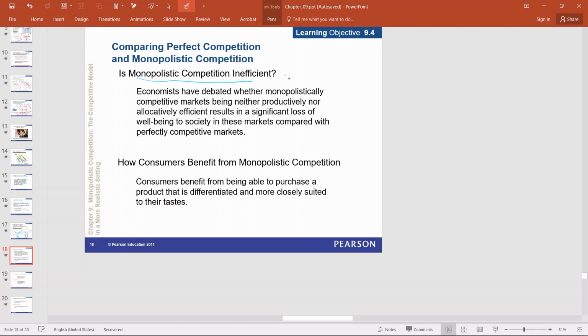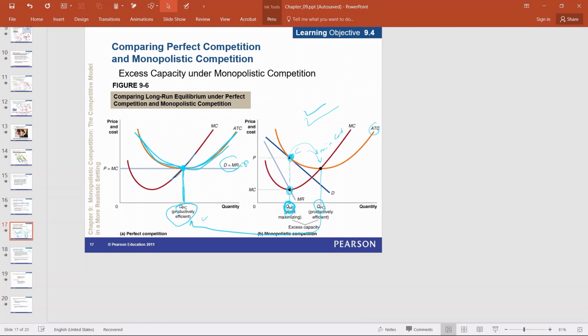Because it produces at a level less than the level of production that achieves the minimum cost, similar to what happened here.